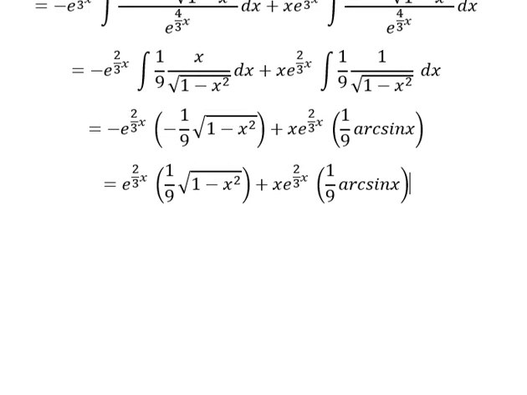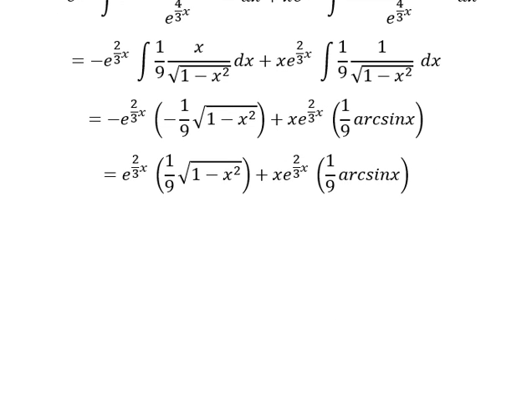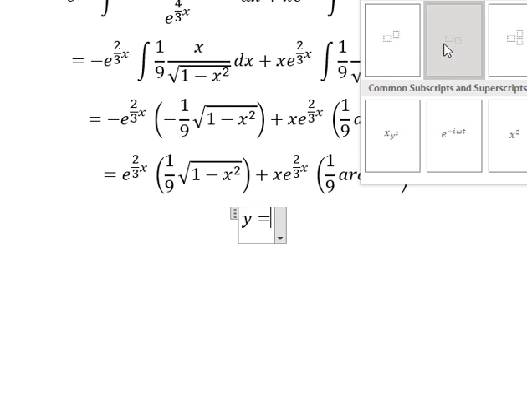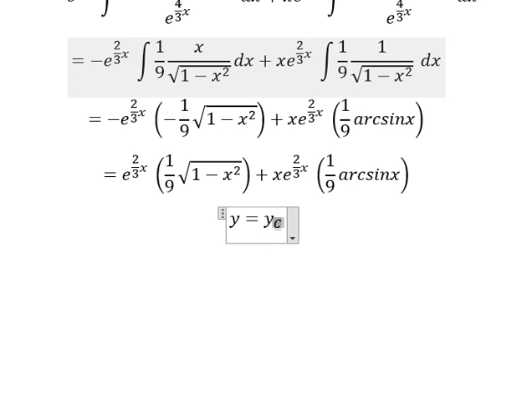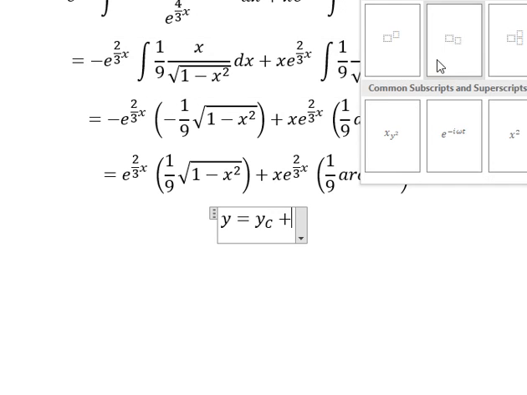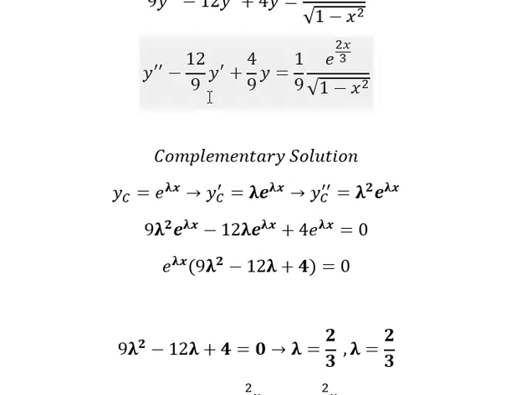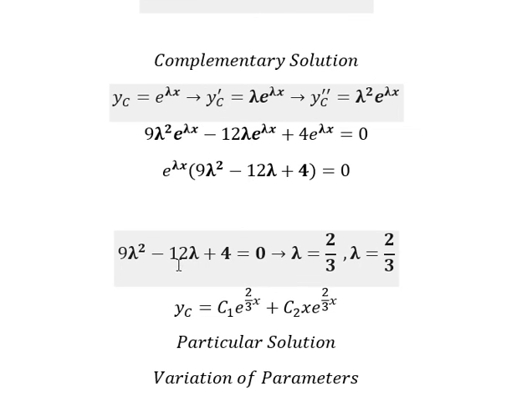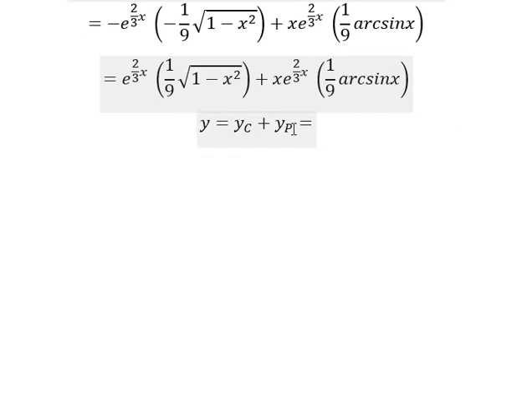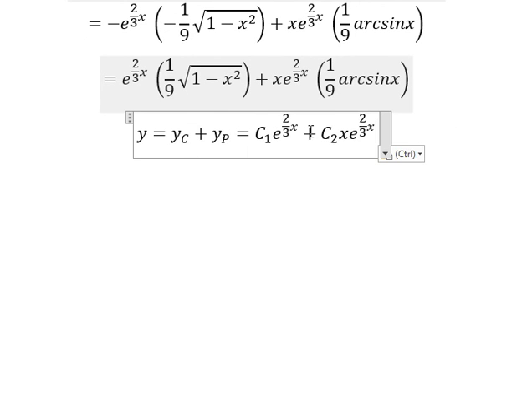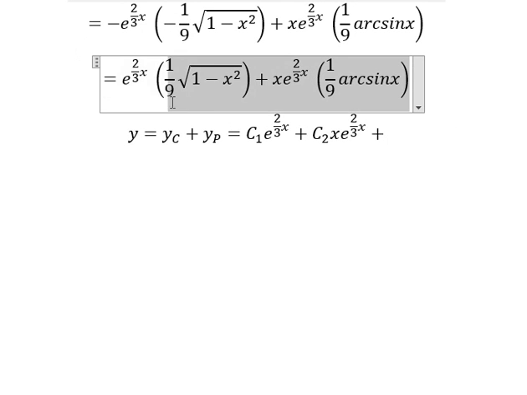And now we have the final answer. So we have y equals yc plus yb. Yc, that is this one. And yb, that is this one.